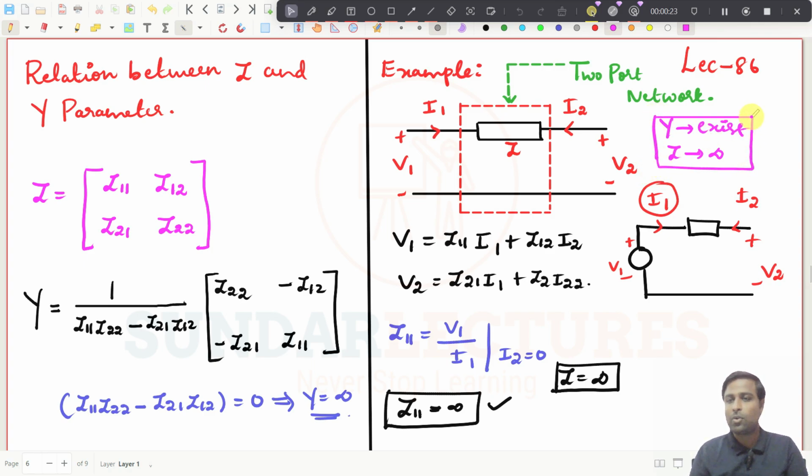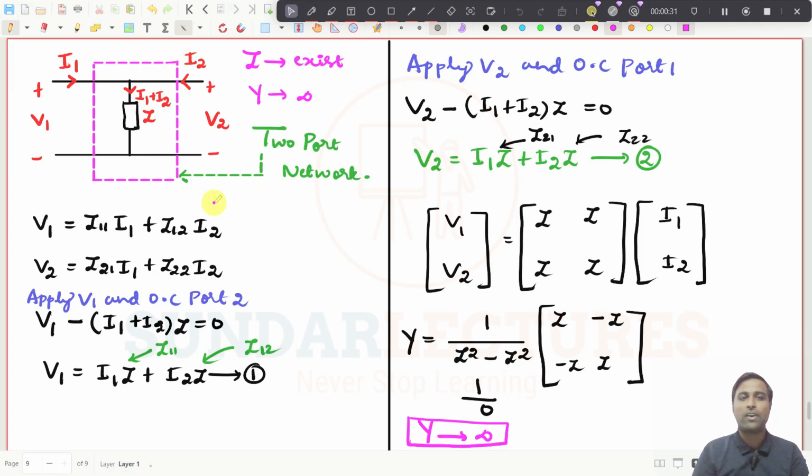So the conclusion is, we have taken two different examples, one for which the Y matrix exists and one for which the Z matrix exists. So the conclusion is very simple, that it is not always that a Y matrix can be the inverse of the Z matrix and a Z matrix can be the inverse of the Y matrix.